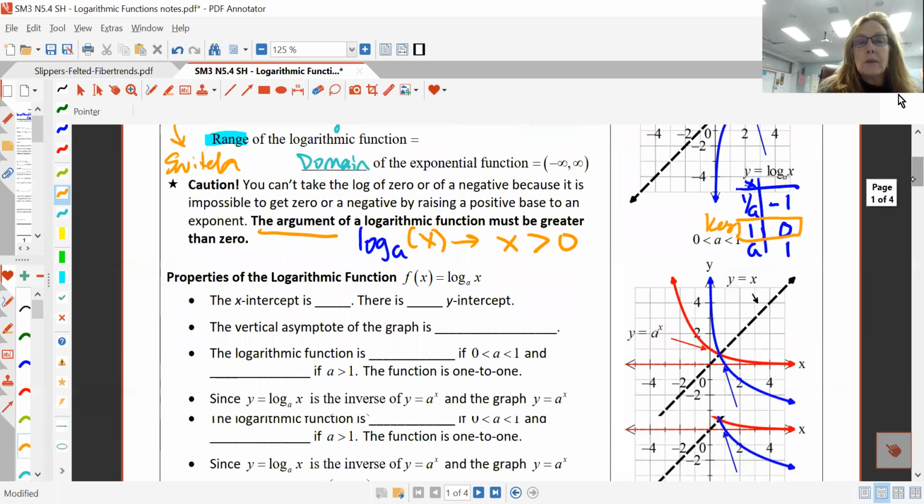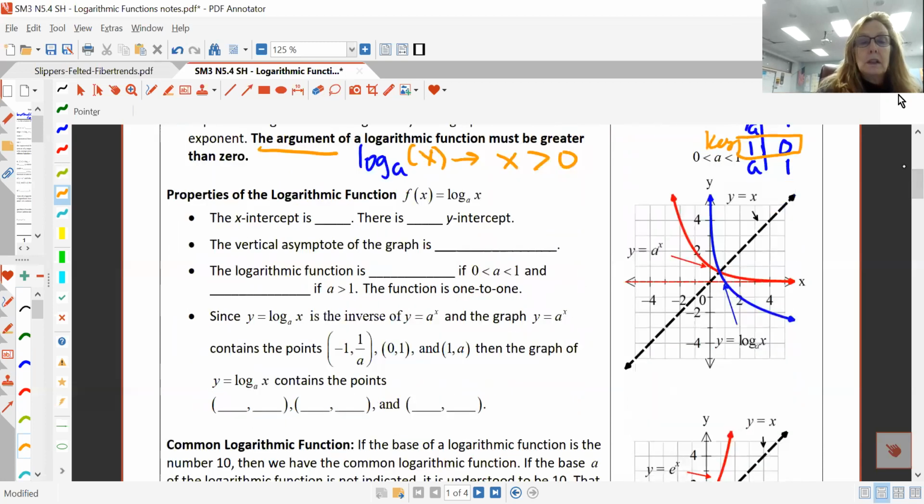So here we are on a secondary set. So this secondary set, I want you to notice, is 0 is less than a is less than 1. So this is where your numbers are kind of backwards because you start off with a fractional base, okay? Key point is still 0, 1, 1, 0.